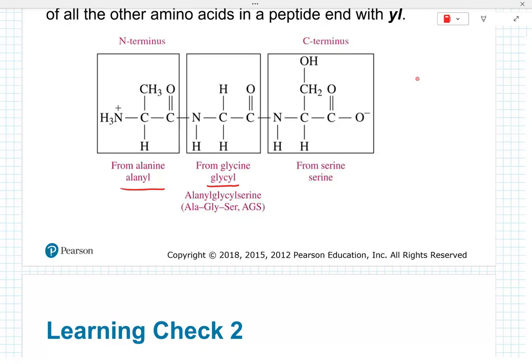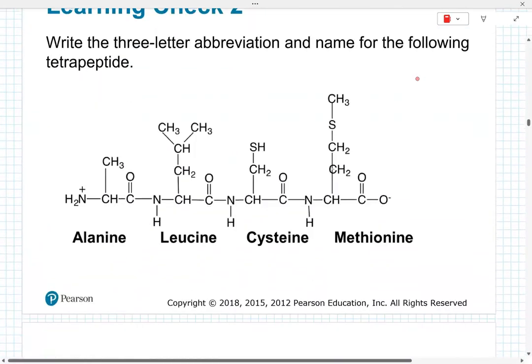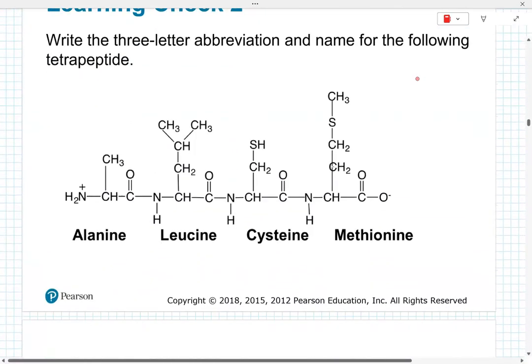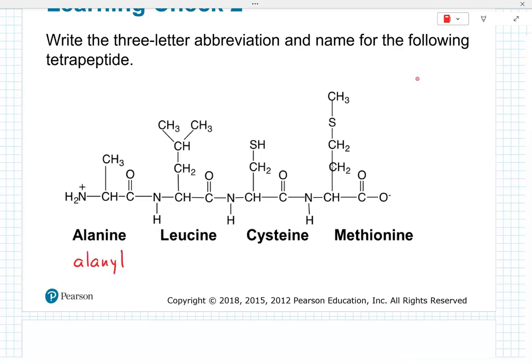Imagine there are more, you keep changing until you hit the C-terminus. The amino acid on the C-terminus does not change its name. So it is serine as it is. Okay? Alanyl. Leucyl.